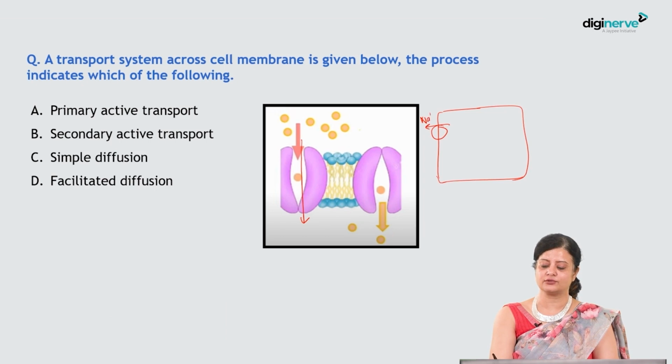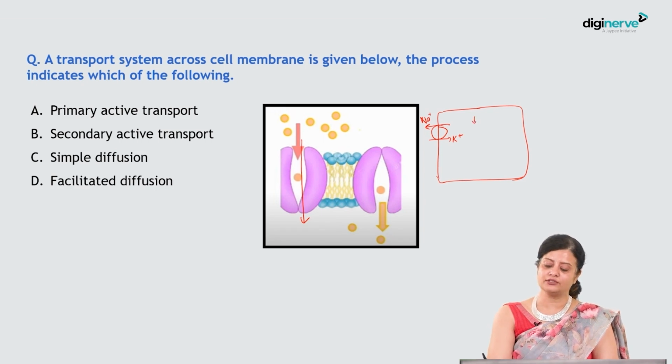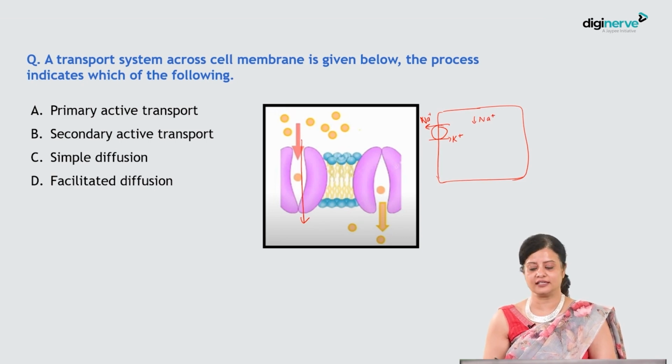For example, the sodium potassium ATPase pump creates the electrochemical gradient. By pumping out the sodium, it decreases the concentration of sodium inside the cell.